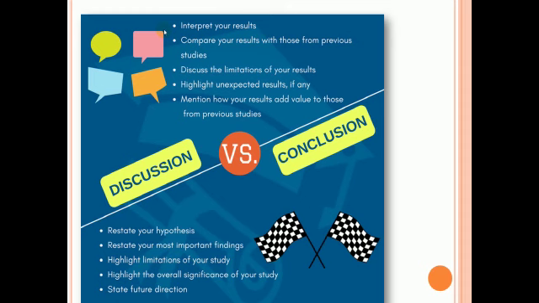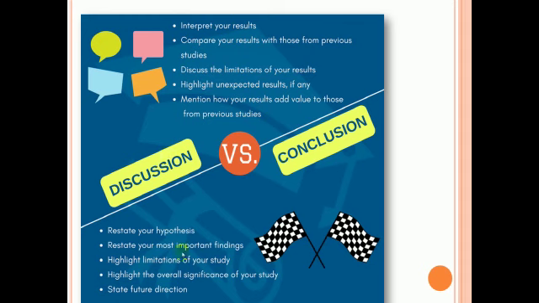In the results and discussion, you have to interpret your results, compare your results with those from previous studies, discuss the limitations of your results, highlight unexpected results if any, and mention how your results add value to those from previous studies. Okay, these are the points that are very important to the discussion.